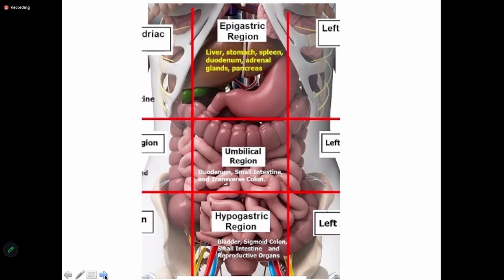But remember these foregut, midgut, and hindgut pains and these levels, these 9 regions, and those salient points I highlighted, like the midpoint of the inguinal ligament. Those are very frequently asked questions at exams. Right? And these will be very much useful in your day-to-day life.